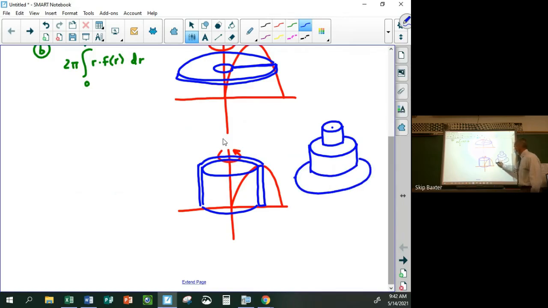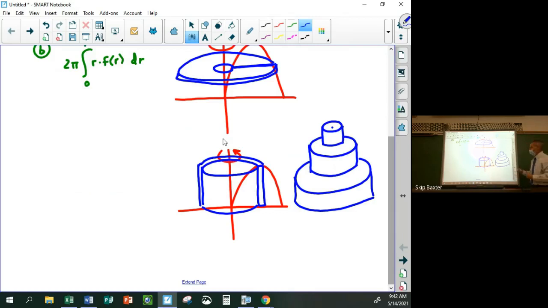So let's just suppose that this function was decreasing from inside to outside. There's this innermost cylinder that you can picture going all the way to the bottom, and then there's the next layer that you can picture going all the way to the bottom, and then there's this bigger cylinder that goes all the way to the bottom.